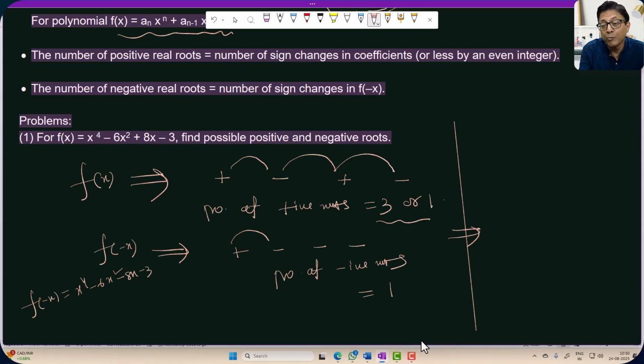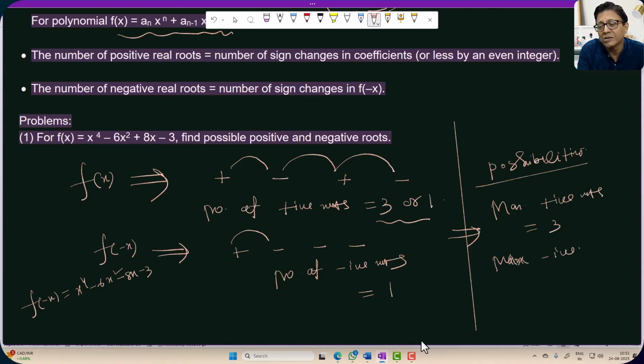So if you take the maximum possibility, these are the possibilities. Maximum positive roots equal to 3, maximum negative roots equal to 1.